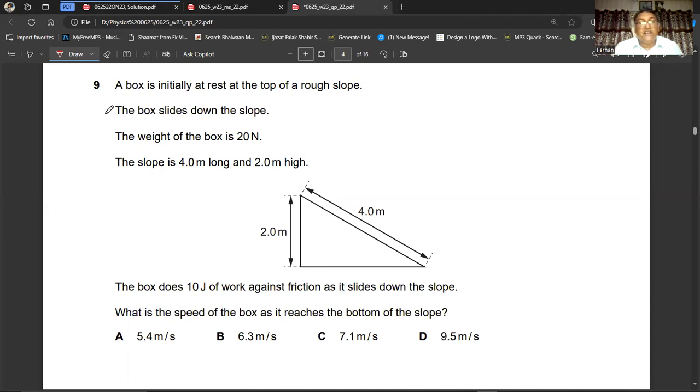So at the top, it will have the gravitational potential energy. And when it is almost at the end, that gravitational potential energy will be converted into the kinetic energy. During this, the gravitational potential energy is lost, and the kinetic energy is gained.